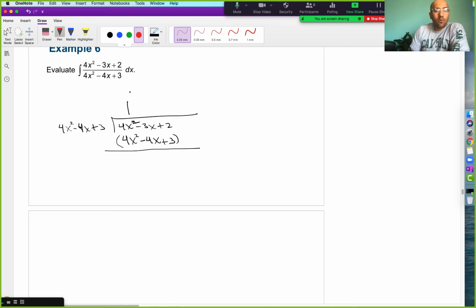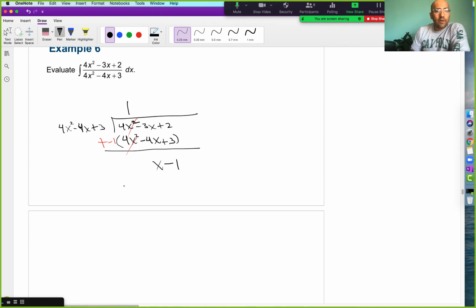Distribute a negative 1 and add down. Cancel this. Minus 1 makes it plus. Plus 4x minus 3 gives you just positive x, and then minus 3 plus 2 gives you a minus 1.